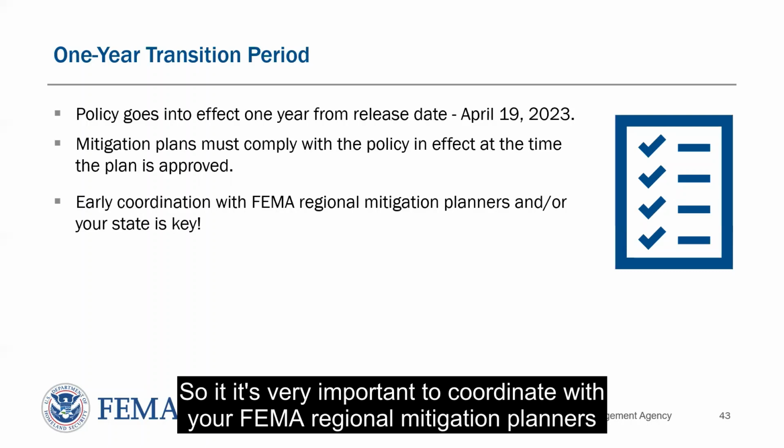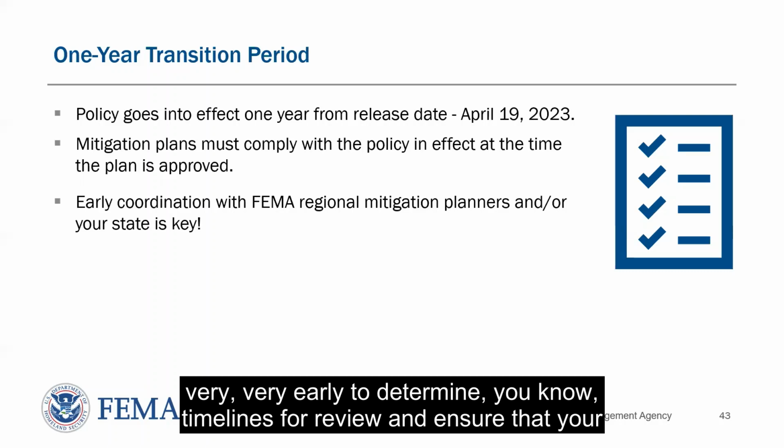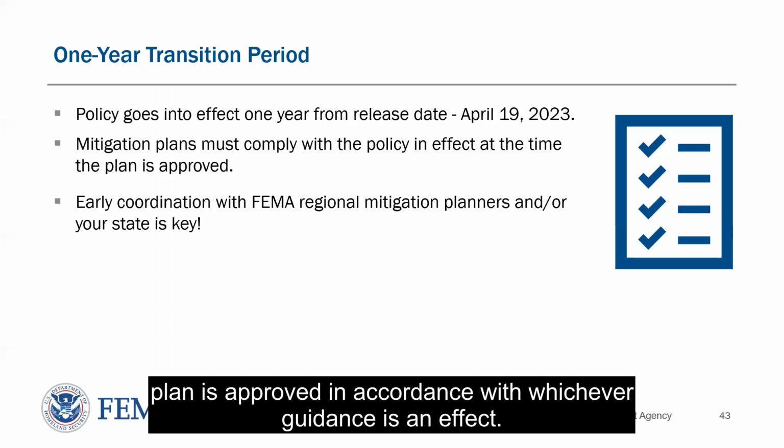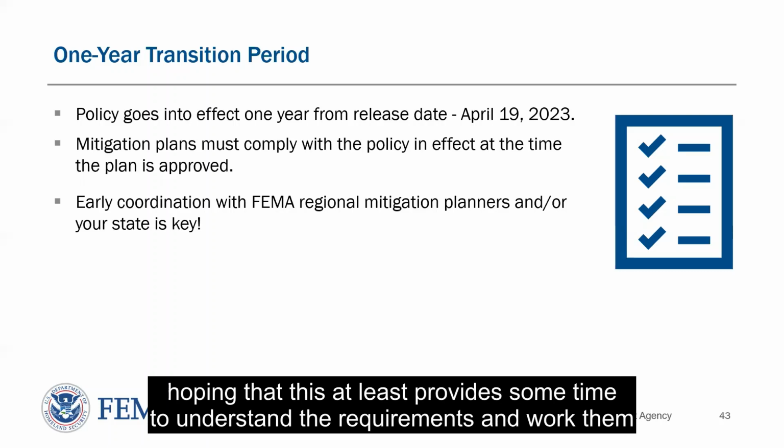So it's very important to coordinate with your FEMA regional mitigation planners very, very early to determine timelines for review and ensure that your plan is approved in accordance with whichever guidance is in effect. So that means a lot of planning before this crossover period of April 19th, 2023.